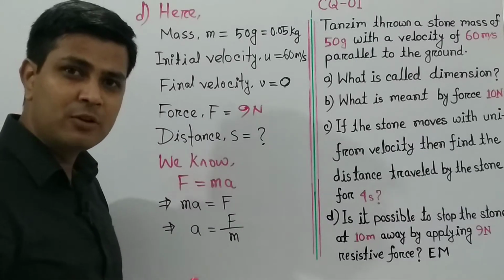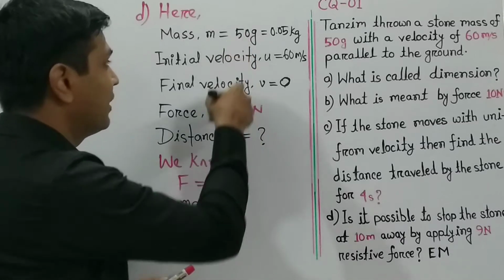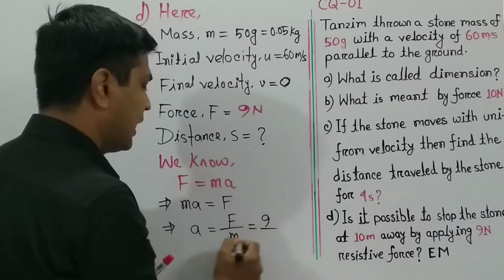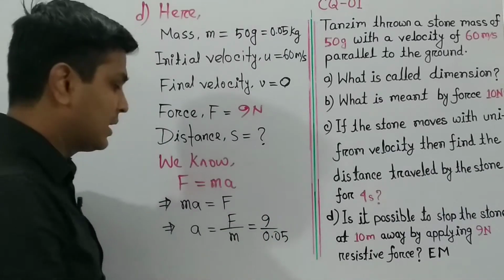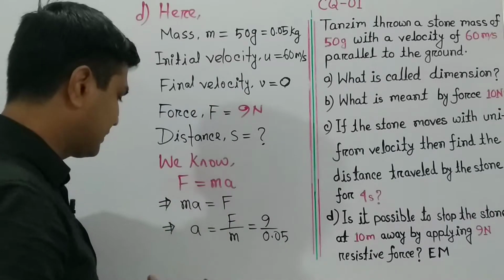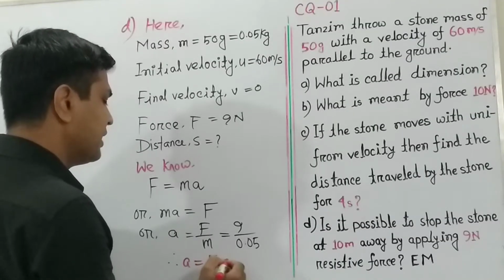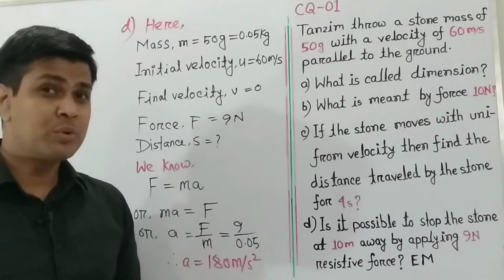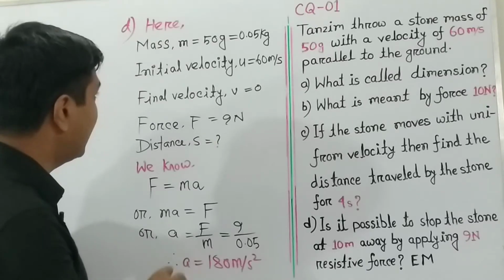Now if you put the value of F and m, that means force and mass, which are given in the stem, which is 9 Newton divided by mass 0.05, then after calculating that expression, we will get the acceleration as 180 meter per second squared.